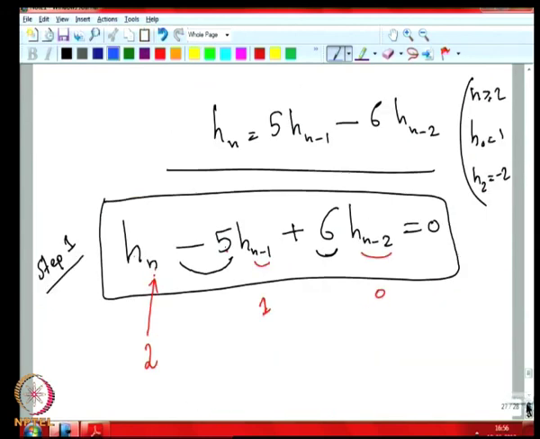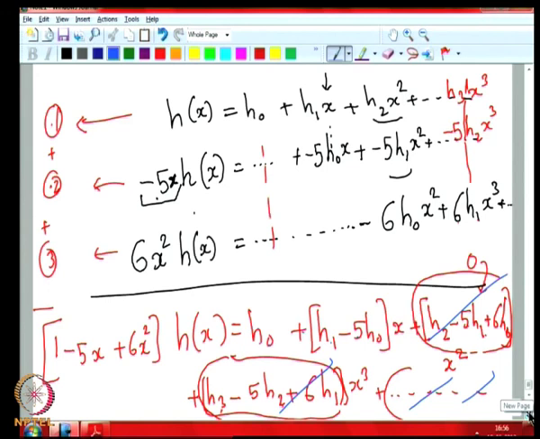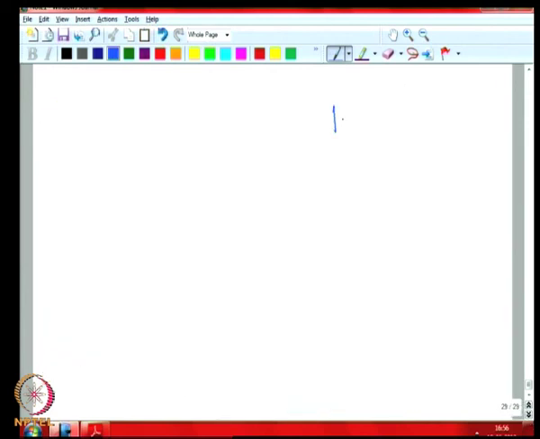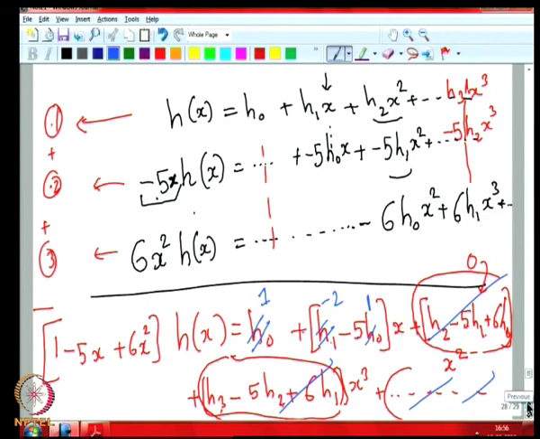But this h1 and h0 we already know. Here h0 is equal to 1, h1 is equal to 2. We can substitute that here. Say here I use 1 and this is 2 minus 5, so that is 1 minus 3x.